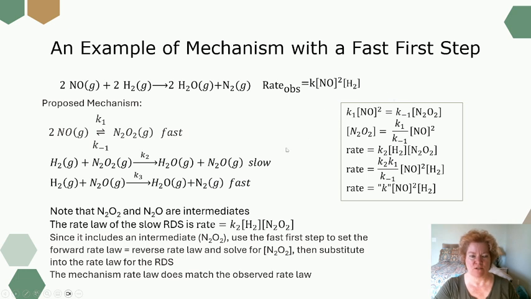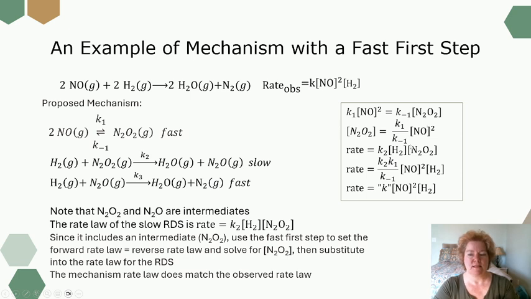The reverse step would be k negative 1 times the concentration of N2O2, here on the right-hand side. I set them equal to each other because the idea of equilibrium is that these two rates are equal. And I rearrange it to solve for N2O2 because that's the intermediate I want to replace in this rate determining step. I get k1 over k negative 1 times NO squared.